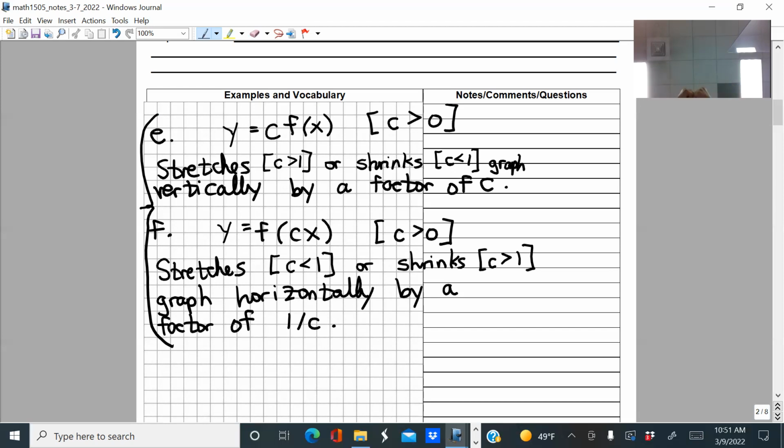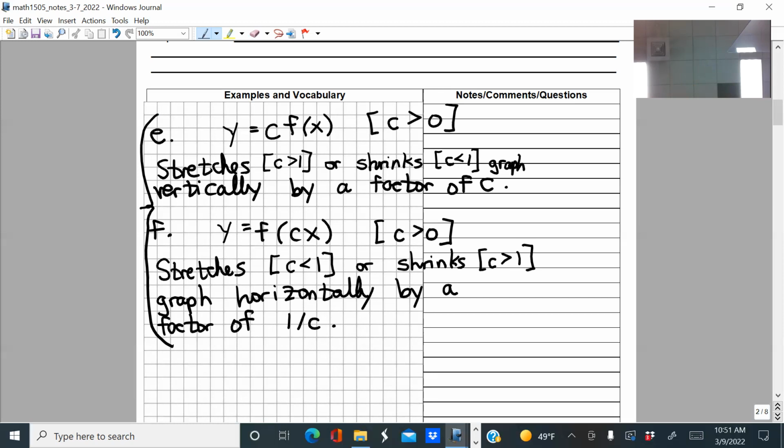This is called a stretch. You can also pull it up in the vertical direction or squeeze it in the vertical direction, or squeeze or expand in the horizontal direction. That's the third type of transformation.